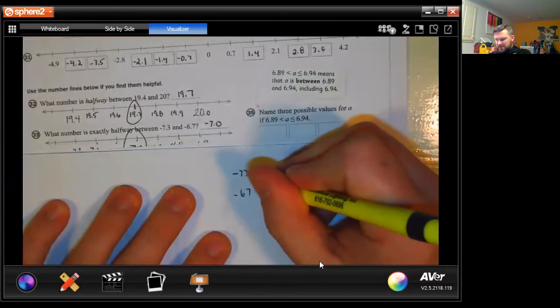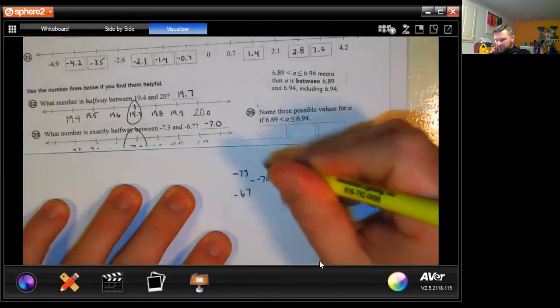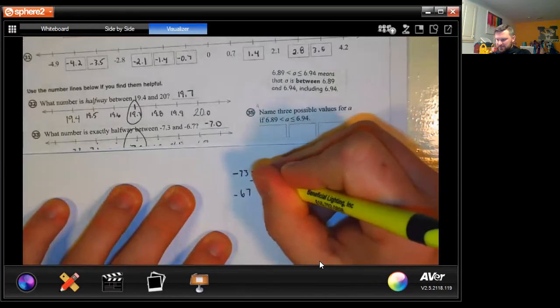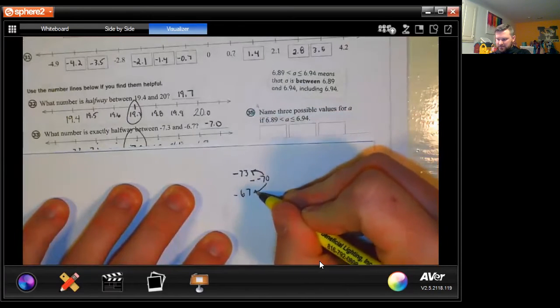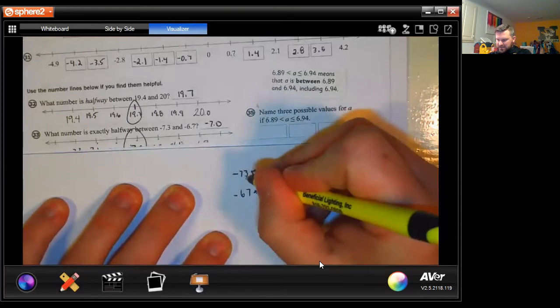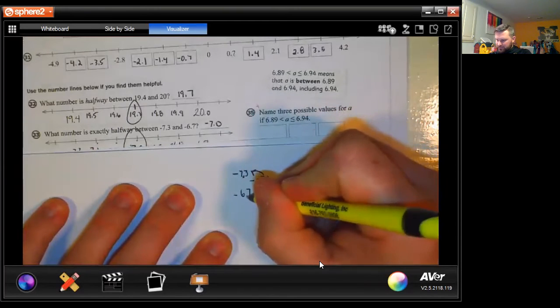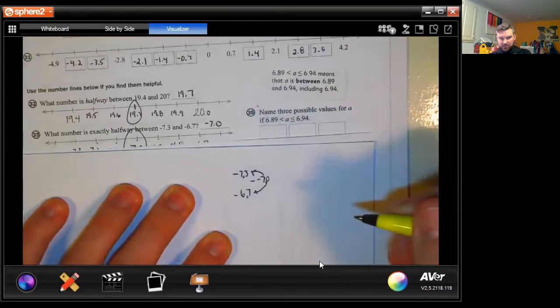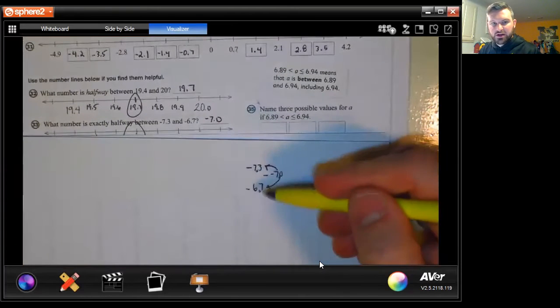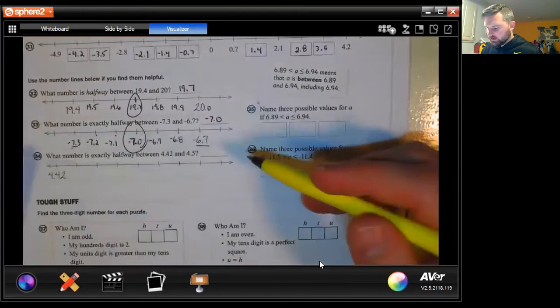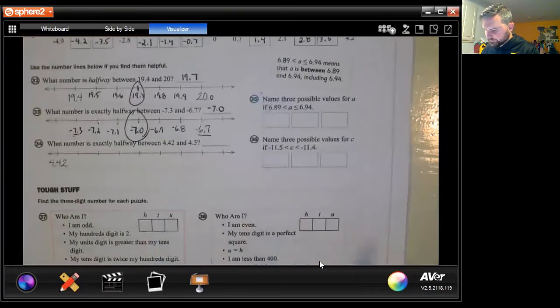Well, negative 70 would be that number because it's 3 spaces to negative 73 and 3 spaces to negative 67. But these had decimal points right here and right here, so this one would also have a decimal point right there. So this is still kind of on a number line, but we don't have to write all the extra numbers in there.